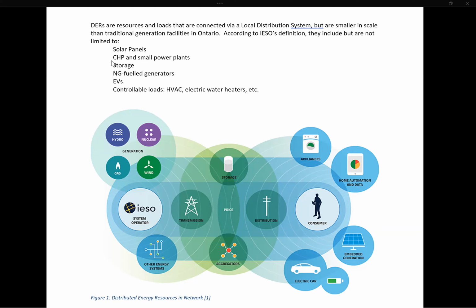The storage that is built into some systems or into the grid is part of our distributed energy resources. Generators, so some facilities have generators as well.